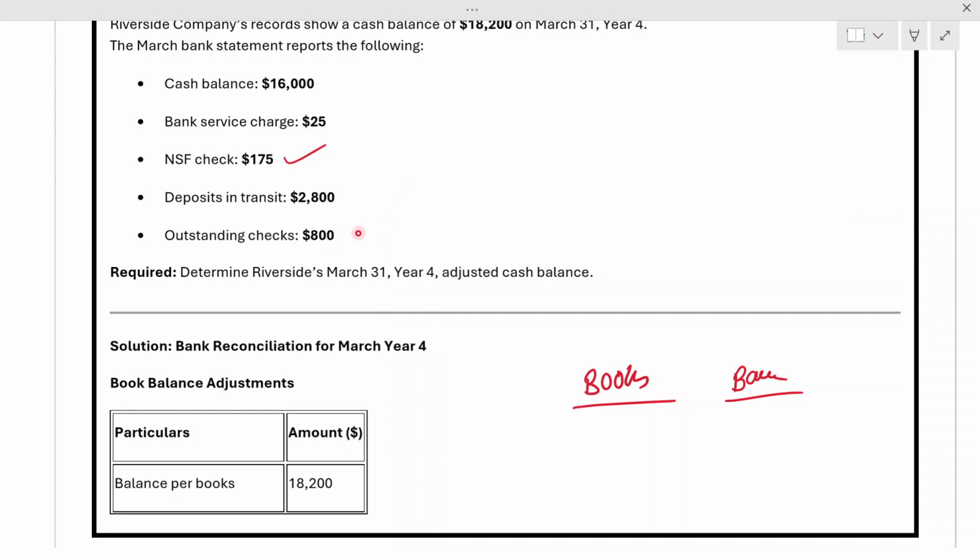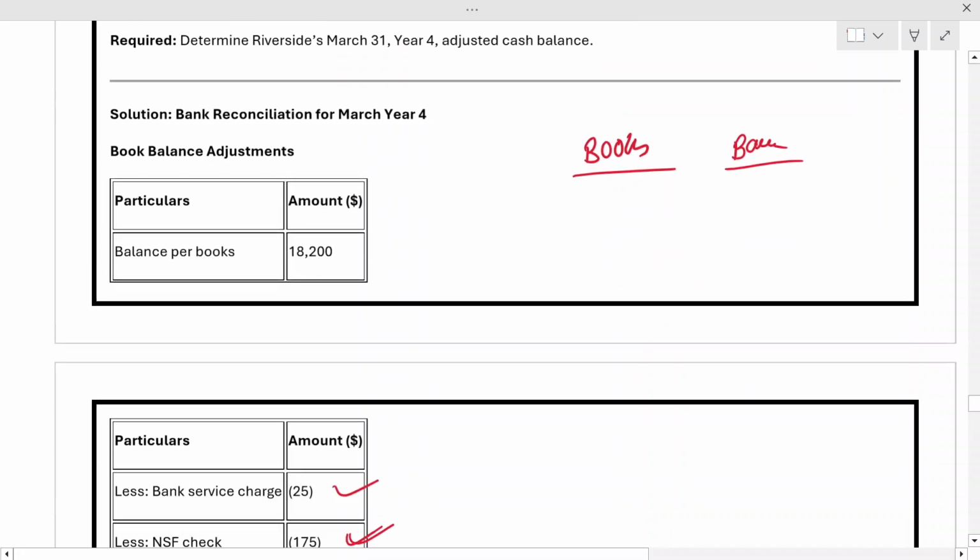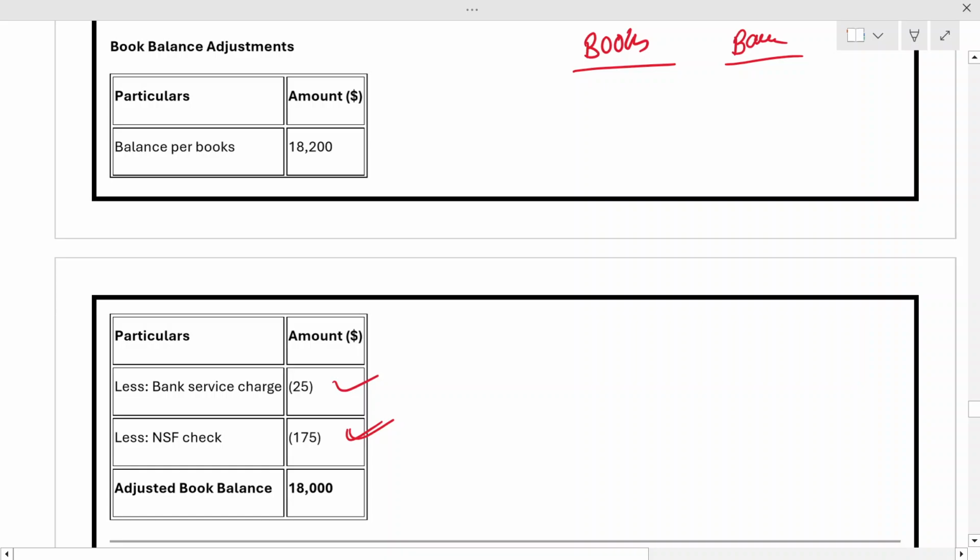And an outstanding check is where you have given the check to the vendor, but the vendor has not gone to the bank as of now. So the bank is also not aware of it. The bank was aware of the other transactions, so only the transactions pertaining to the bank we have adjusted, and based on that we got the adjusted book balance of $18,000, which we can see here.